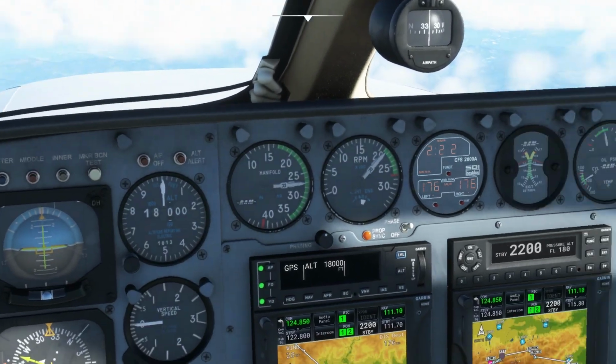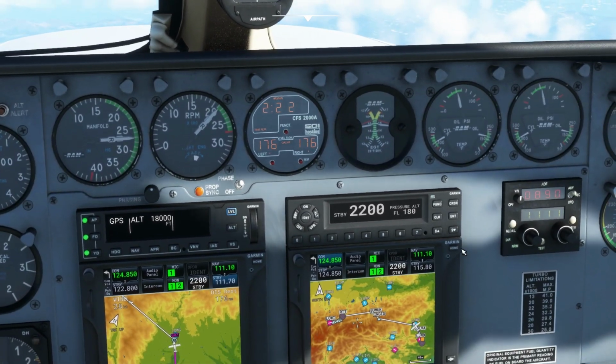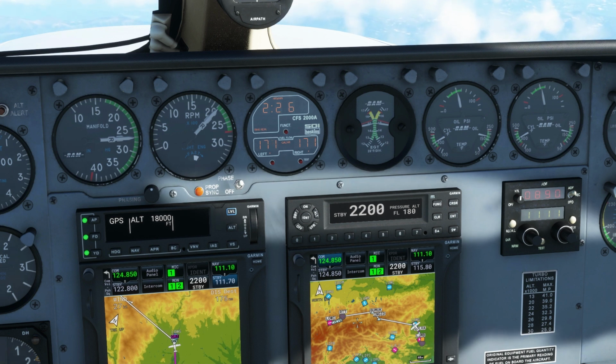Okay, let's lean the thing. So we're gonna go to PGT. It's still rising. Now it's not.